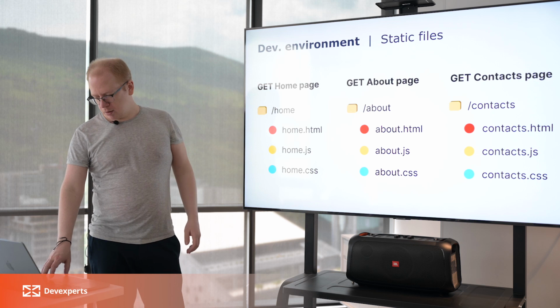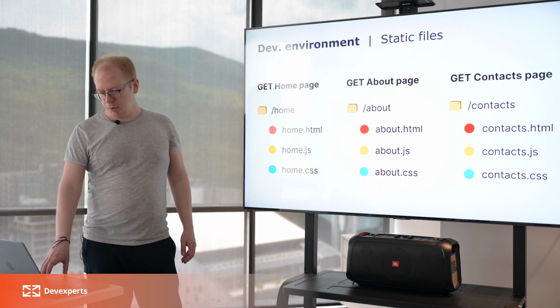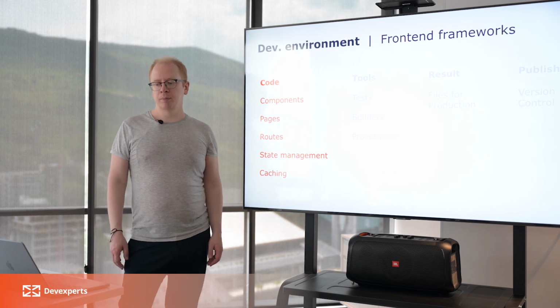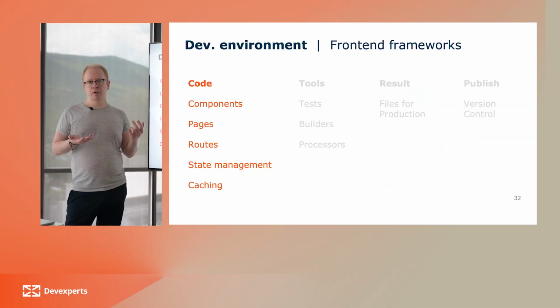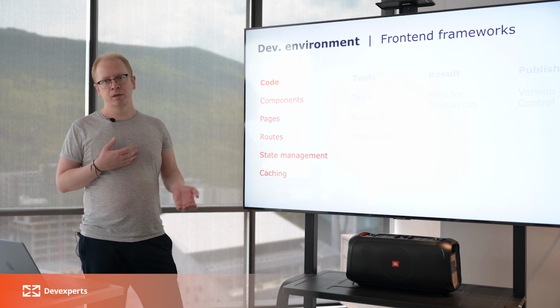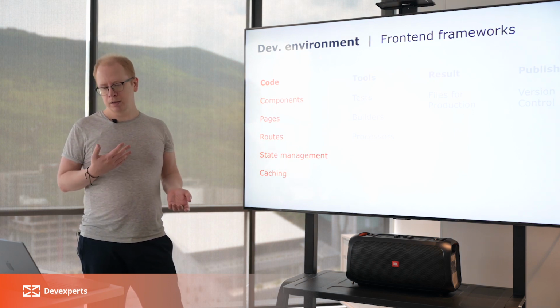But as a more comfortable approach, typically front-end developers set up development environments in which they could use specific tools, specific frameworks, specific libraries to better organize the code, to better work with the code, to then optimize it, test it.